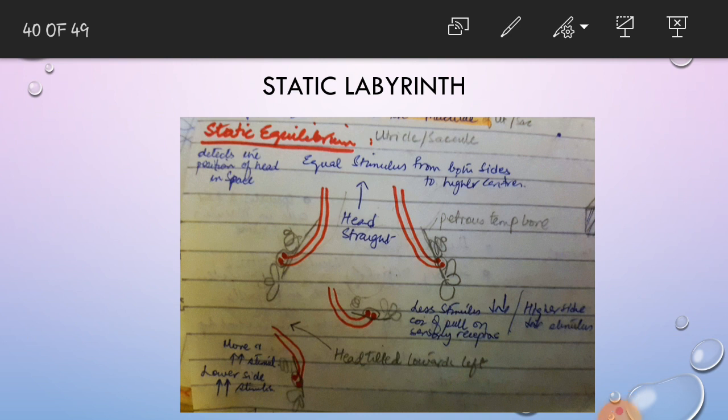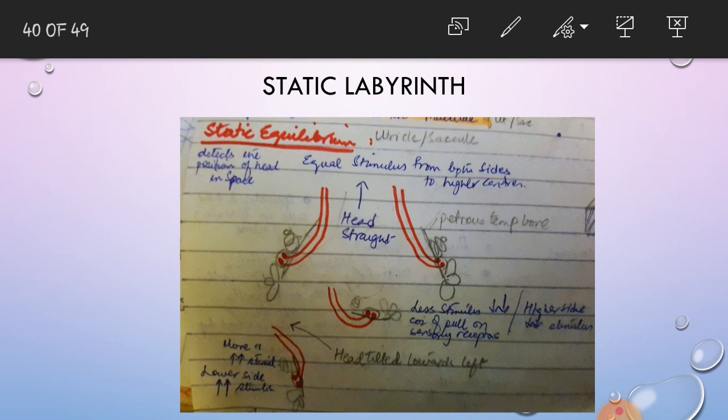The static labyrinth is formed by utricle and saccule and informs the brain of the position of the head at rest or in uniform velocity because of the push or pull on the otolith membrane in the maculae of utricle and saccule.